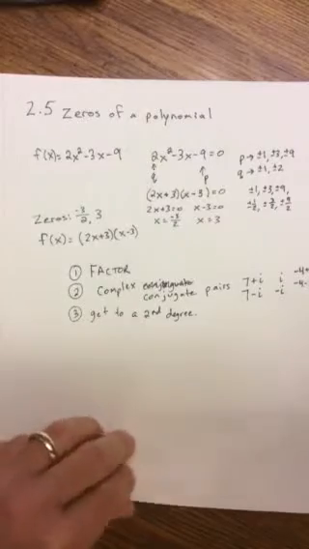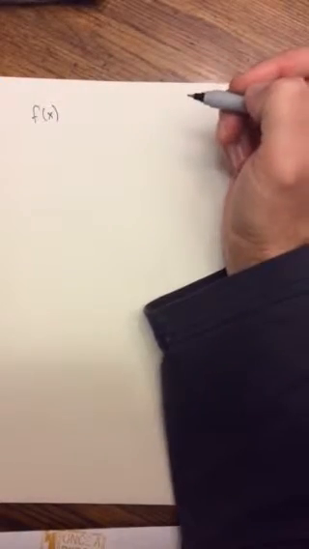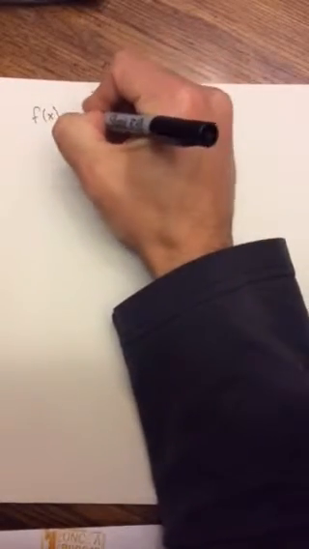Okay? So, let's go ahead and take a problem and see if we can work through it. I am going to use technology as well, so if you have your calculator, you might want to grab that, and we'll start working on a problem like this. Okay? So, f of x equals x cubed plus 4x.